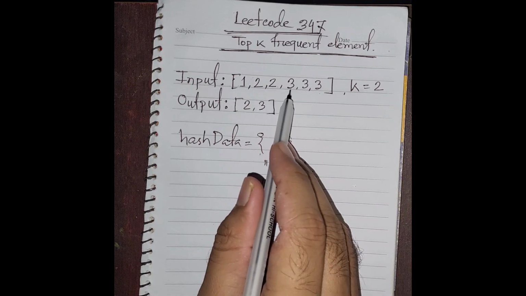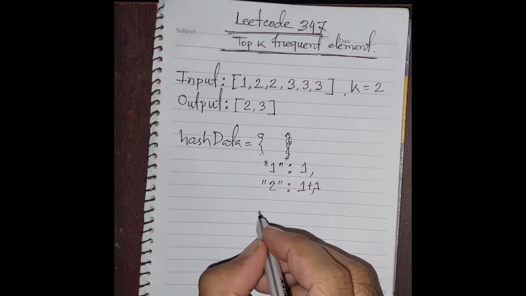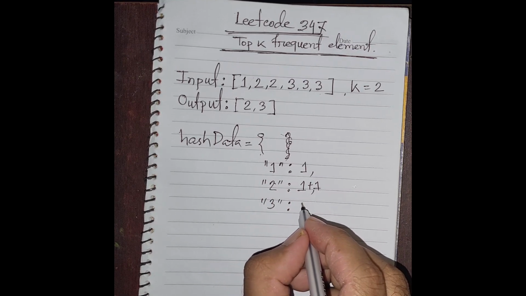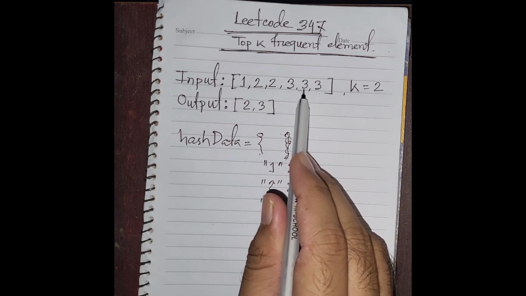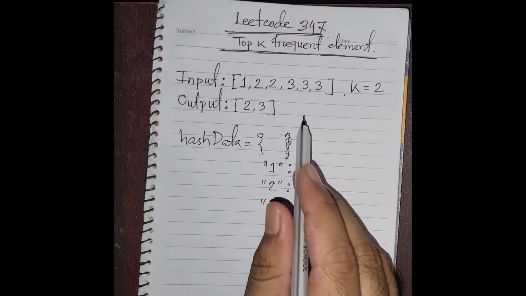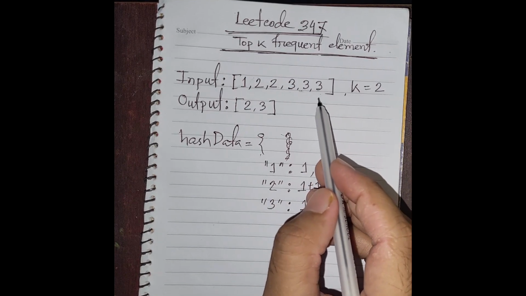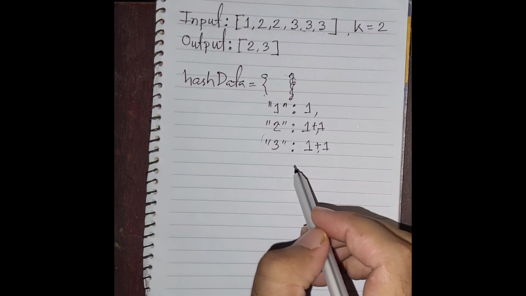Okay, we come to the next one, 3. Does 3 exist in our hashmap? No, it doesn't. Okay, let's add that. Default value is 1. We come to the next one, 3. Does 3 exist? Yes, it does. Whatever value it has, add 1 more to it. Next one, 3. Does 3 exist in our hashmap? Yes, it does.